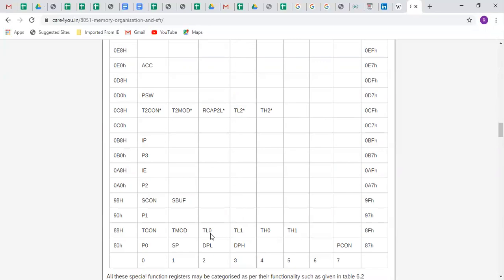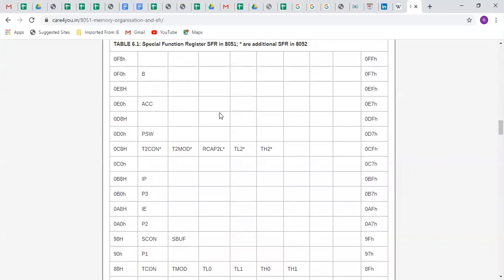There are 2 timers, TL0, TH0 for timer 0, TL1 and TH1 for the second timer. Then you have other registers such as SCON, SBUF, IE, IP, then TCON, TMOD. So the address 0C8 is the address of the T2CON register followed by TMOD and so on.